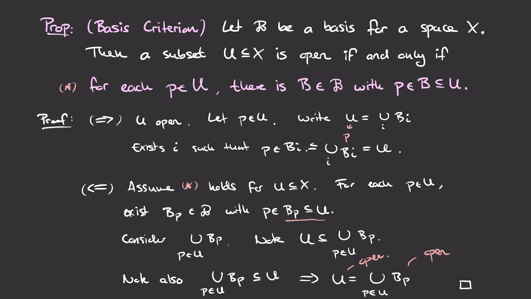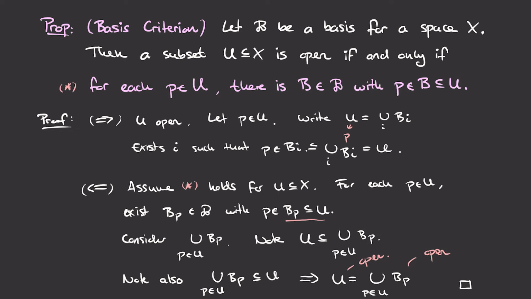So if we can find such a basis element, this usually just means actually writing down which basis element you would pick for the point. And this is enough to show that the subset U is open, even if the subset U is very complicated.